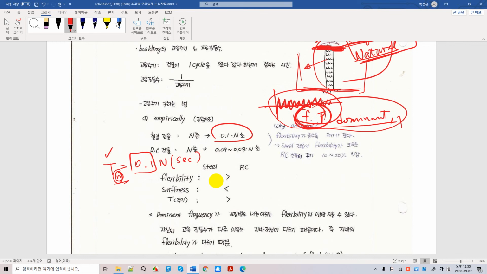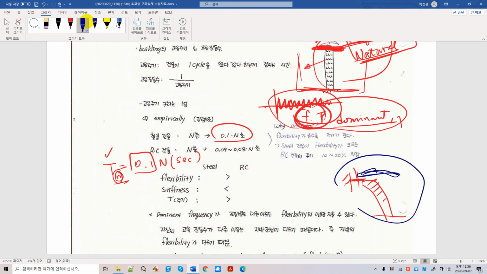How then can you make a building vibrate without applying a load? For example, you pull it over with a big rope or string, whatever, and then assume that you can cut it. Then you can make this building vibrate. This is how you vibrate it to calculate natural period.